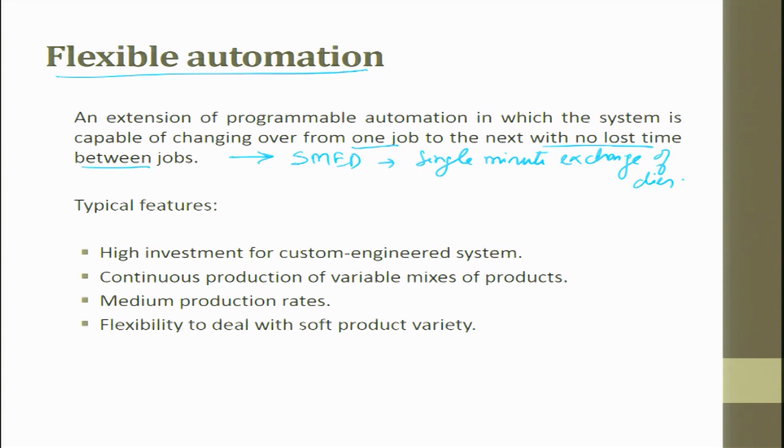High investment for customer engineering system, continuous production of variable mixes of production, medium production rate and flexibility to deal with soft product variety. So, these are all the advantages and disadvantages of various production systems, as I have already drawn. So, let me make it with more clarity.